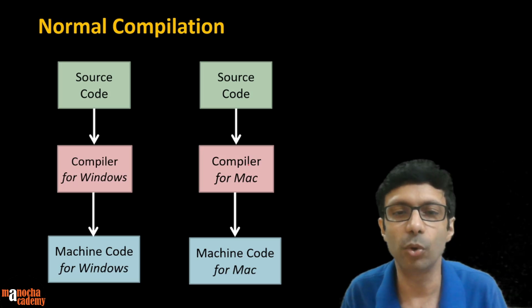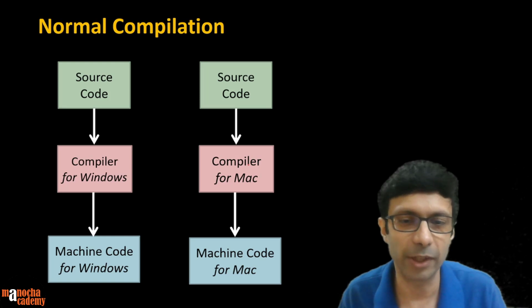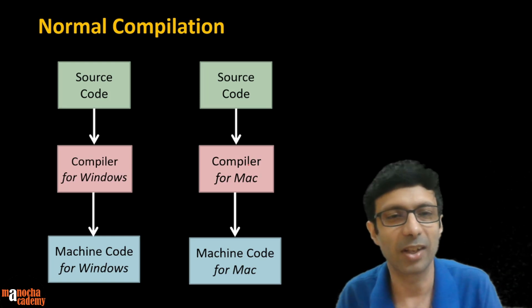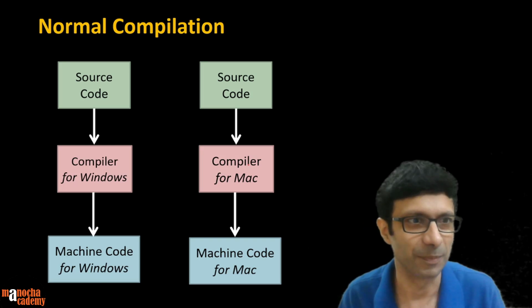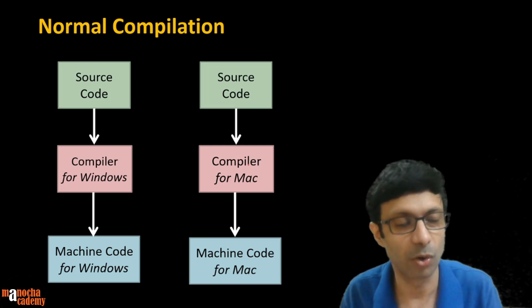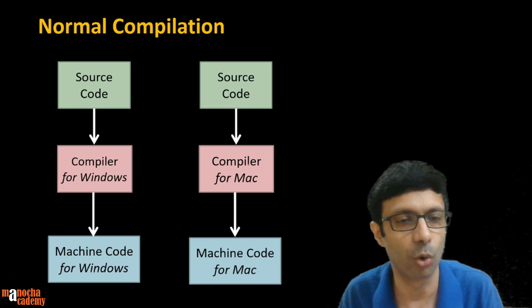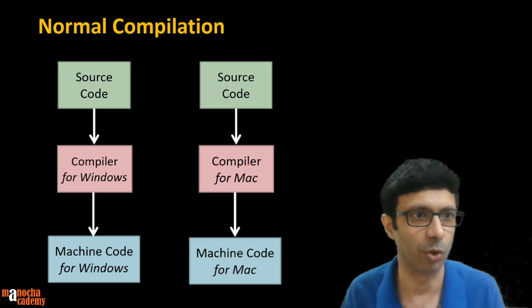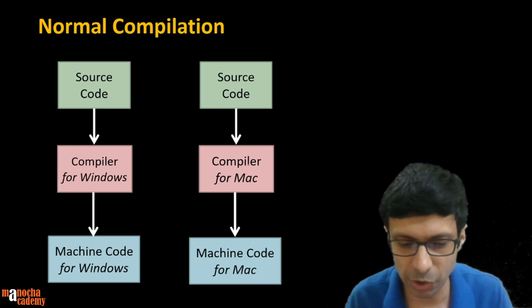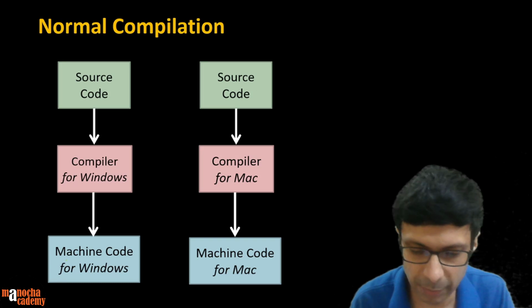It's like if I don't know German and you have got a great German book for me, I will tell you, can you please translate the whole book and give it to me? Similarly, the compiler translates the whole code that you have written into machine code. This is normal compilation, for example, for languages like C++.